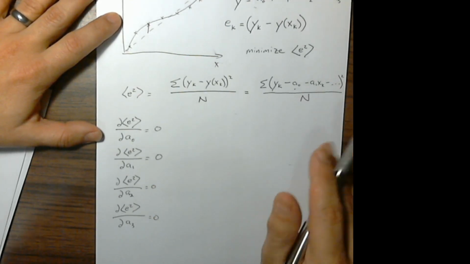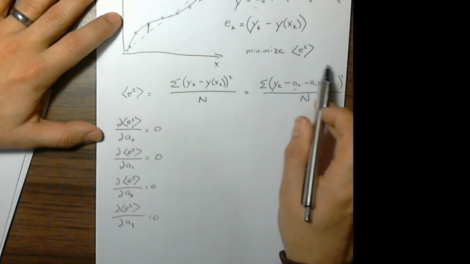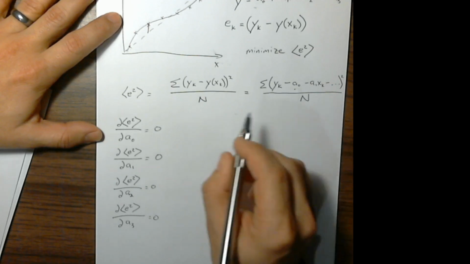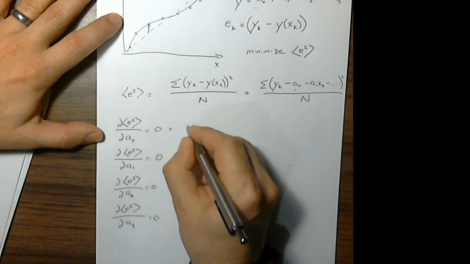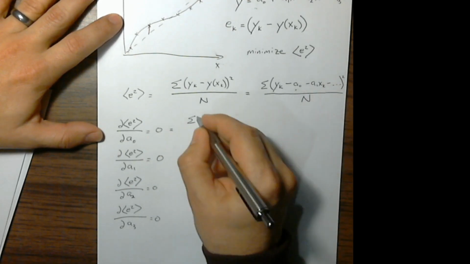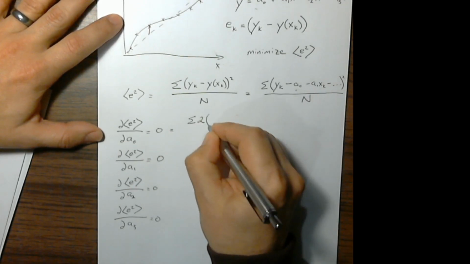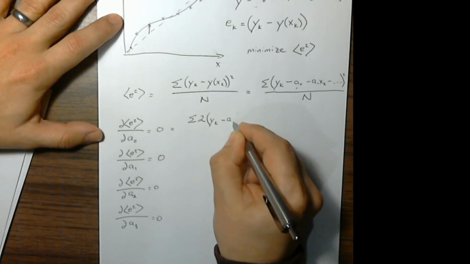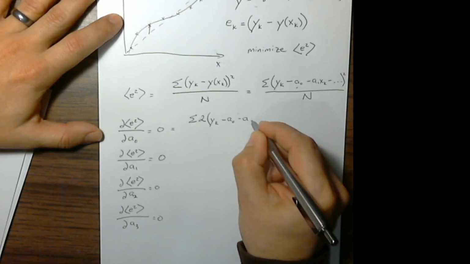So here we go. The partial derivative of this with respect to A0 is this. Keep the summation the same. I need to deal with the squared first. I don't touch anything inside.